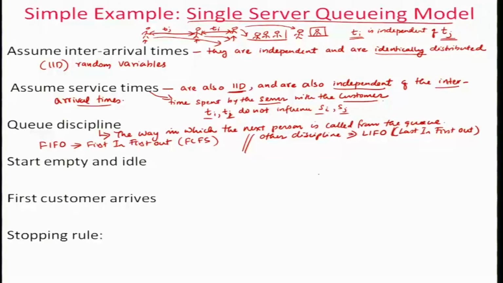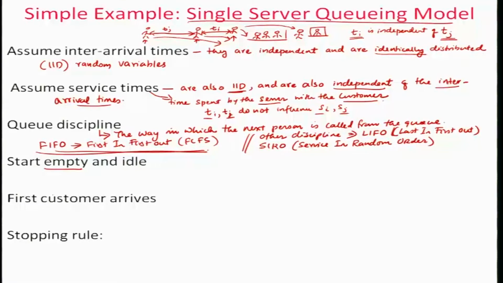Then there is another called SIRO, service in random order. Then there are HVF and LVF. There are quite a lot of queue disciplines, and I just gave two examples, but for this example we are looking at FIFO as the queue discipline.